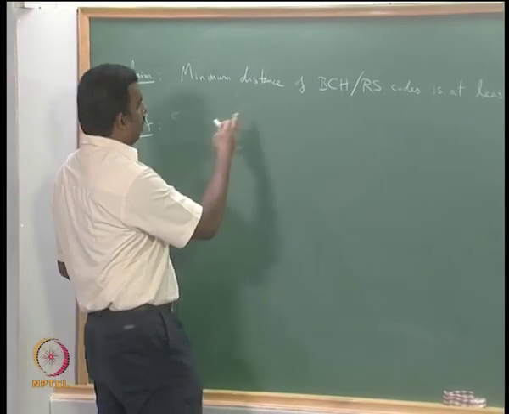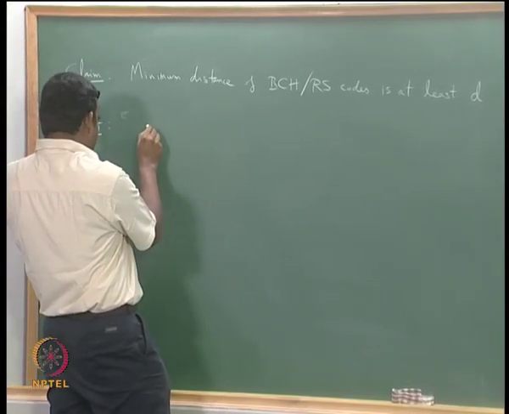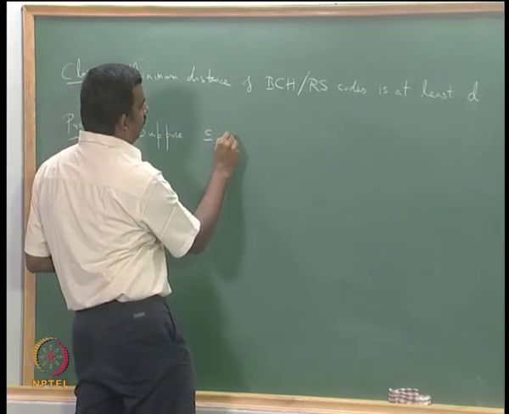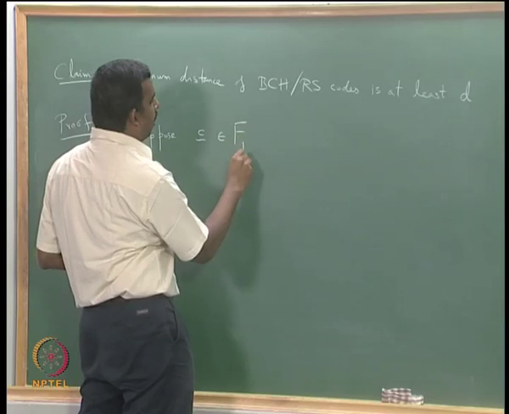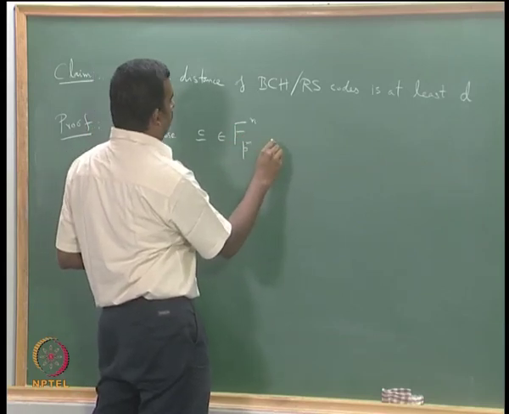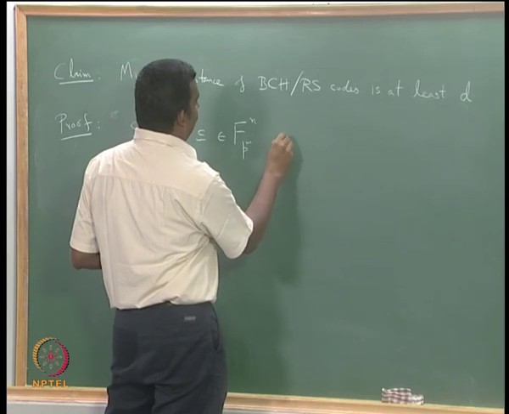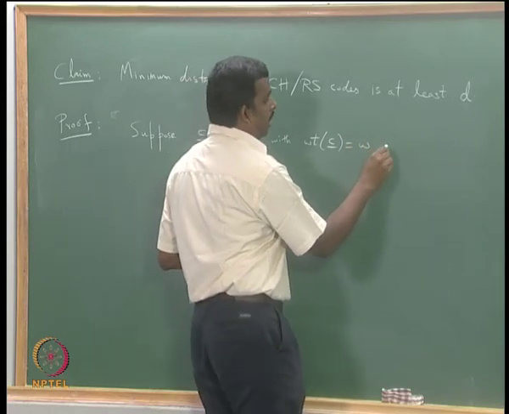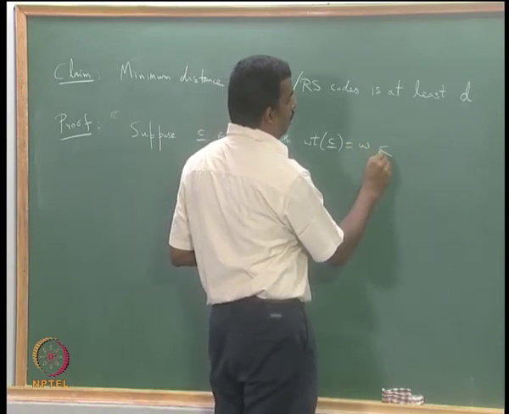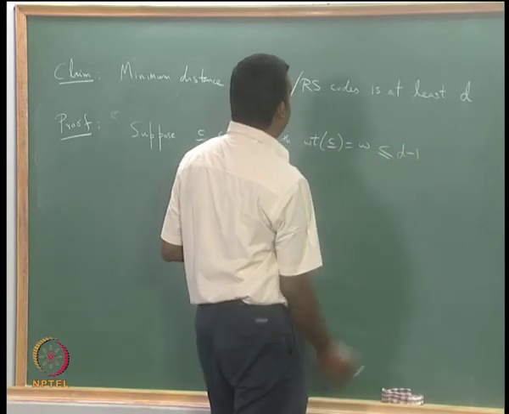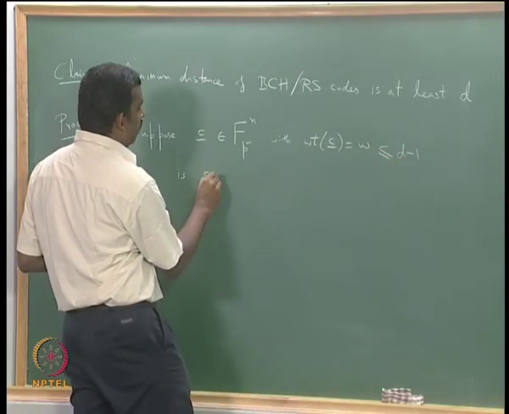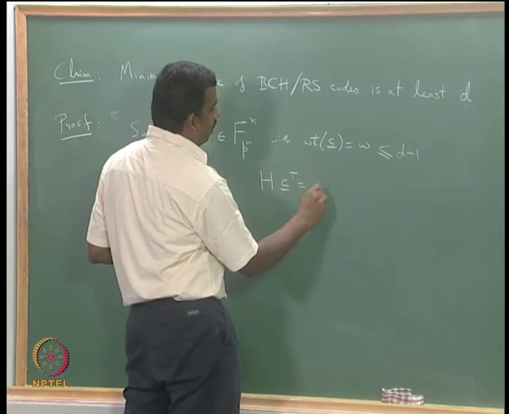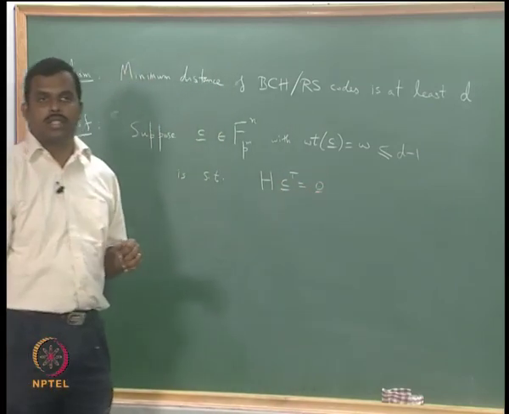So I am going to say, suppose a vector C which is in Fp power m n with weight of C equals W, which is less than D, so less than or equal to D minus 1, is such that H times C transpose is 0. So this is my contradictory statement.